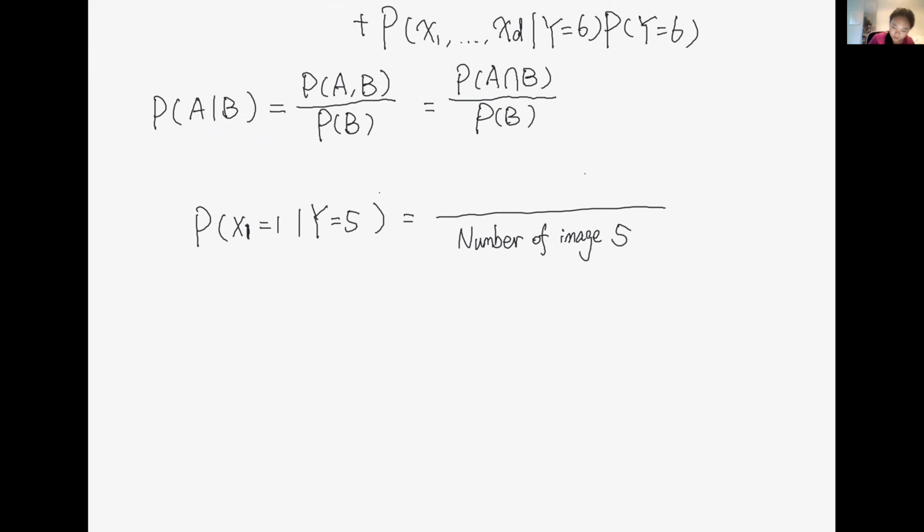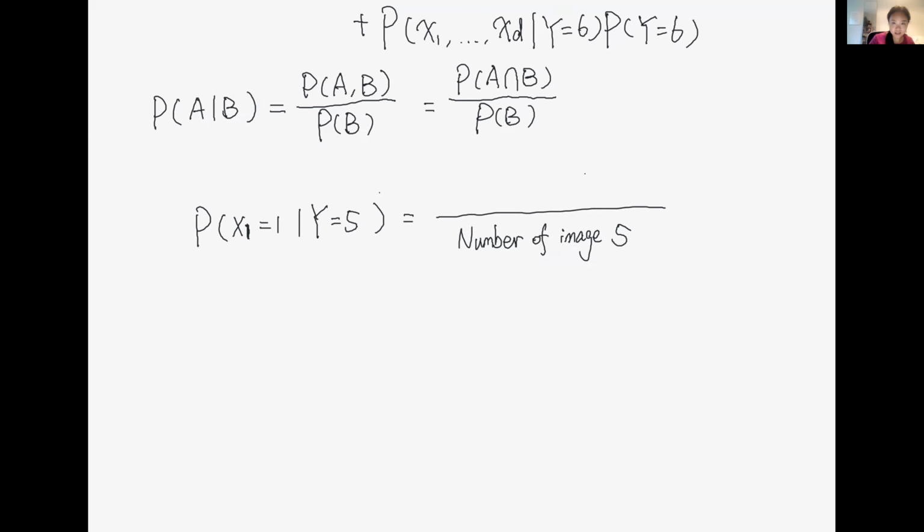What is on top, the numerator, is that in these images of 5, how many images have the first pixel as 1.